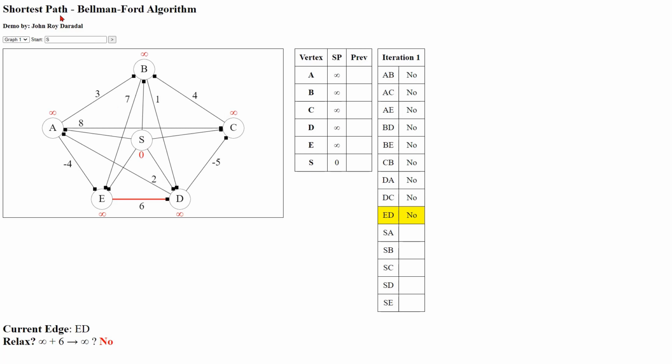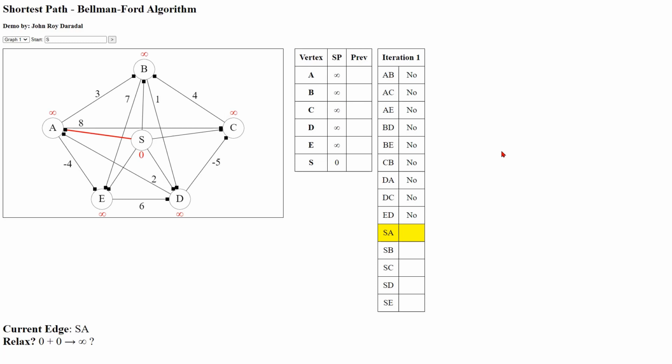Okay, so since we're running single source shortest path starting from S, it will have the value of 0 at first, right? So we are now at the point when we're going through the edges starting from S. So SA, can we relax this one? Yes, we can. So that's 0 plus 0.